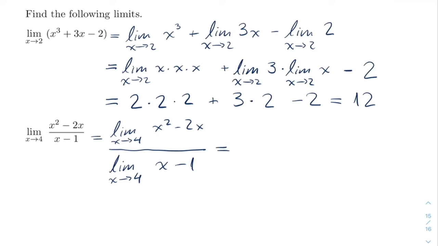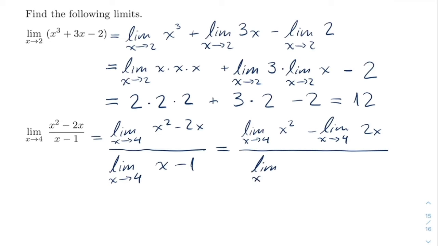So now we can repeat the same computation as we did before, and we will get that this is equal to the limit when x goes to 4 of x squared minus the limit when x goes to 4 of 2x divided by the limit when x goes to 4 of x minus the limit when x goes to 4 of 1.